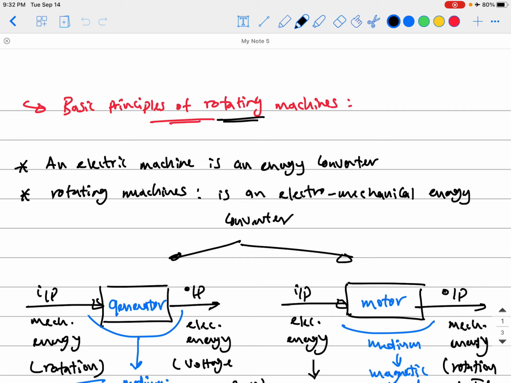Okay, so before jumping into details of the different types of machines and the differences between them, we need to build a foundation about basic principles that apply to almost any kind of electric machine.